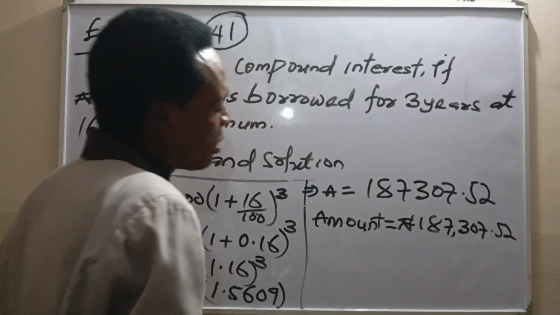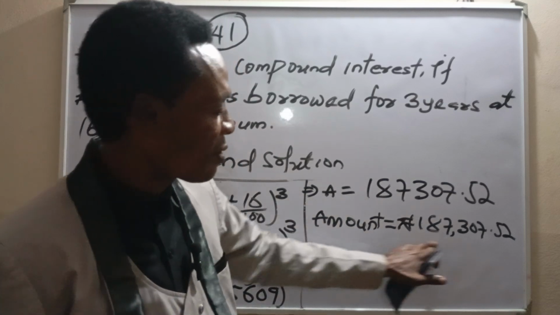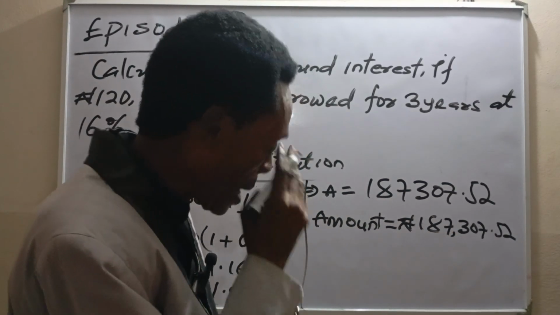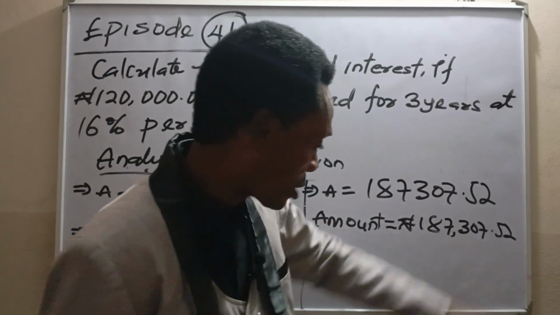So our amount is 187,307 naira, 52 kobo.